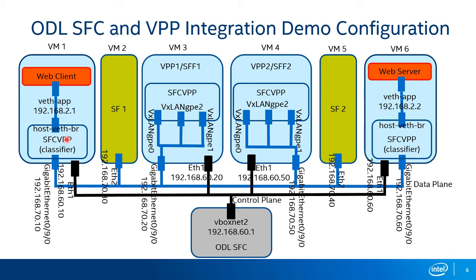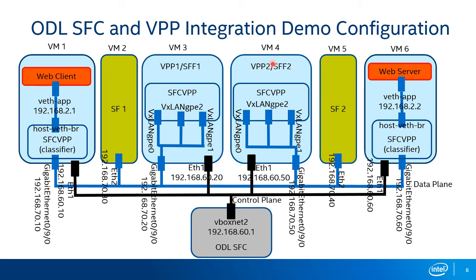The classifier will encapsulate the traffic from the web client with the NSH header and send it to the VxLAN-gpe interface. The VxLAN-gpe interface will add the VxLAN-gpe header and send it to the gigabit Ethernet interface. The classifier also decapsulates the reverse traffic from the web server and sends the packet back to the web client.